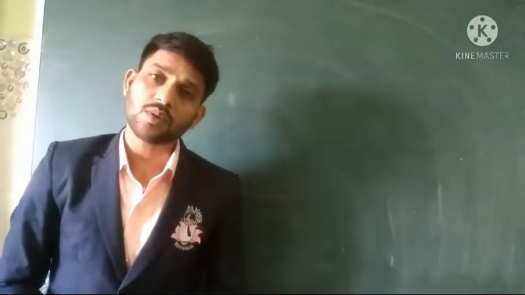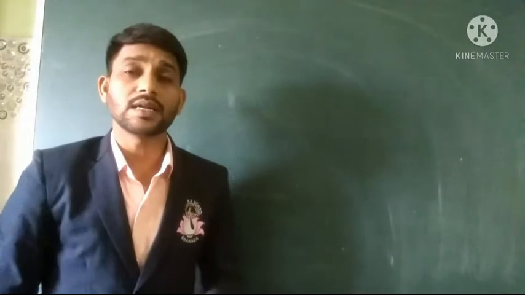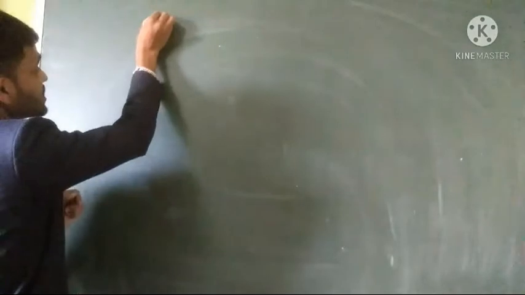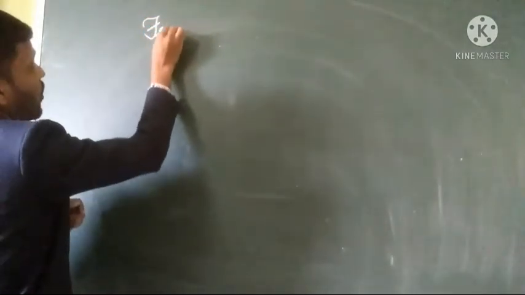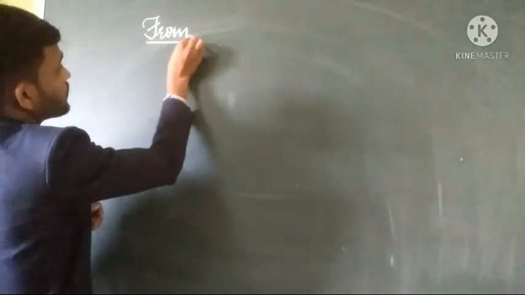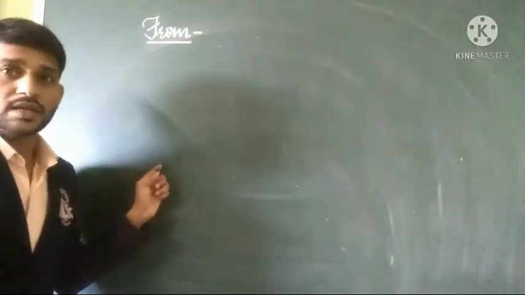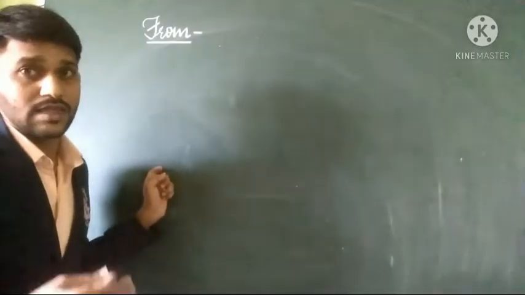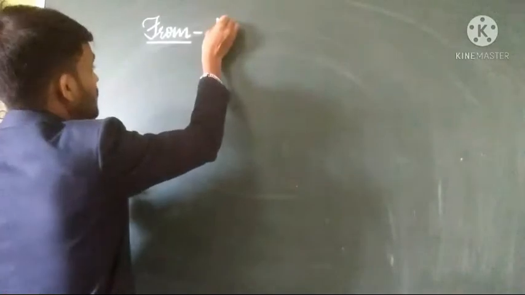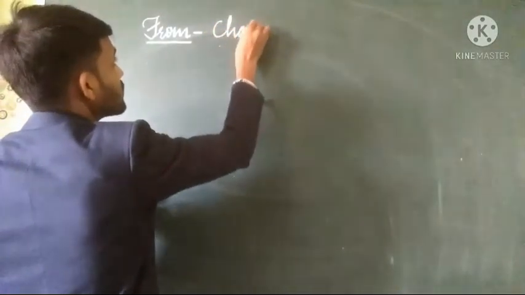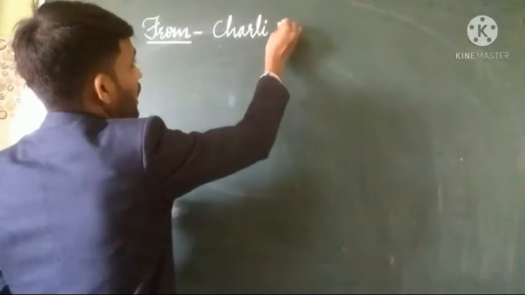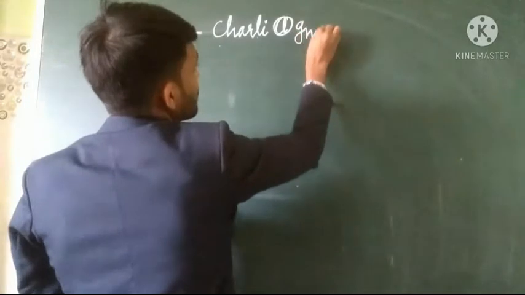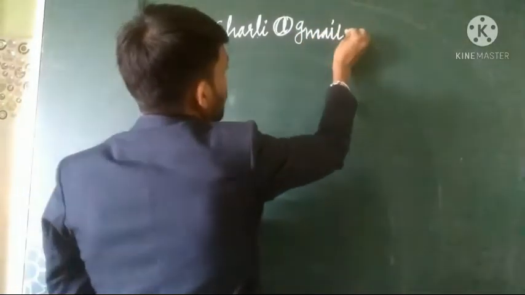Now let us focus on how to write an email exactly. So let's see an example. As I have said, first it will come From. In the From, what will we write? Of course, we will write the email address or email ID. That could be, suppose, Charlie@gmail.com.